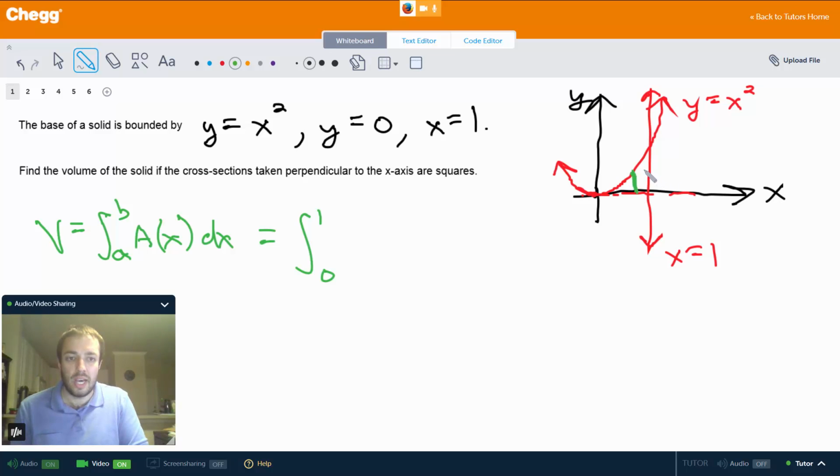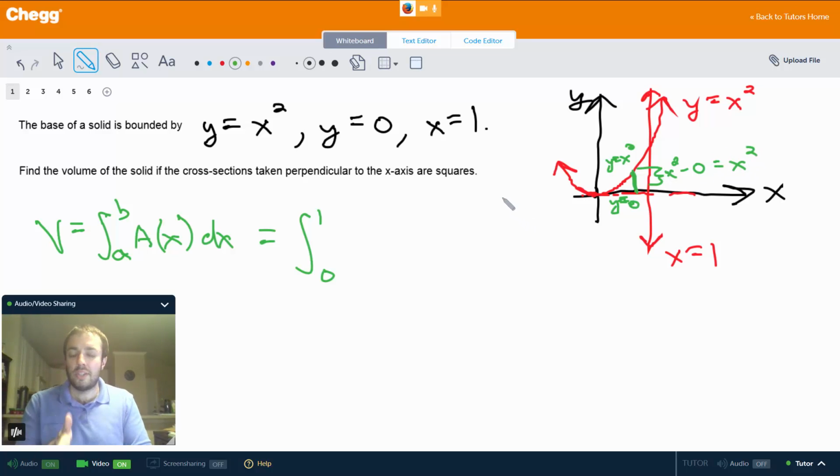What is the length of this? Down here is y equals 0, and up here is y equals x squared, because it's on the function y equals x squared. So the length is x squared minus 0, which is just x squared.